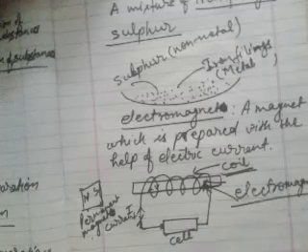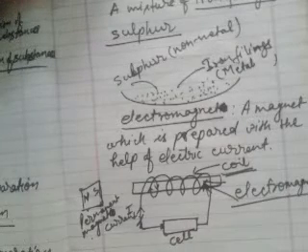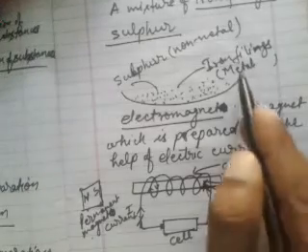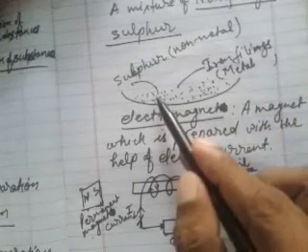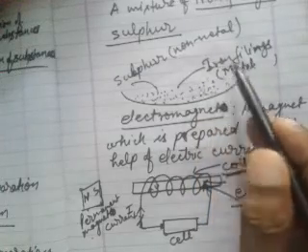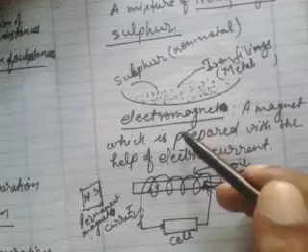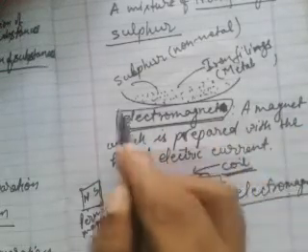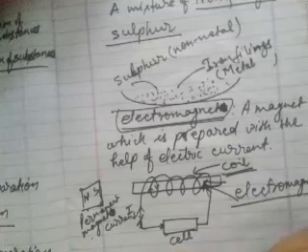That's why it is called an electromagnet. And for the separation of a magnetic material from a mixture of magnetic and non-magnetic material, we need to use an electromagnet, not a permanent magnet.